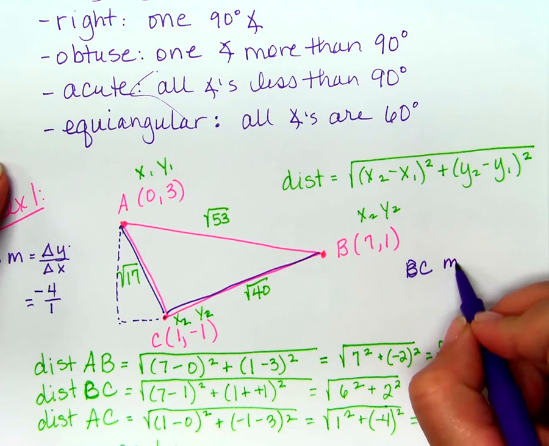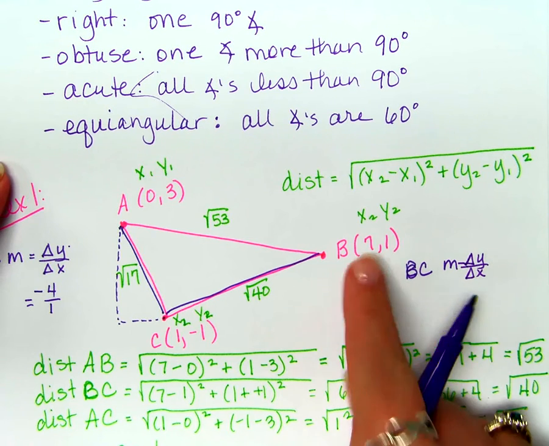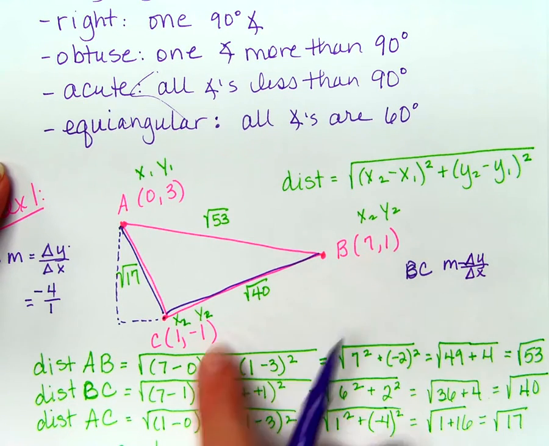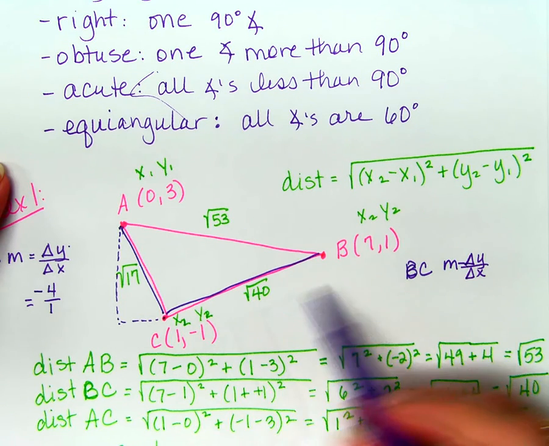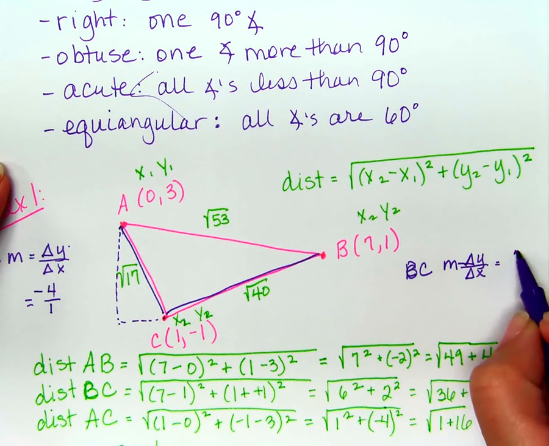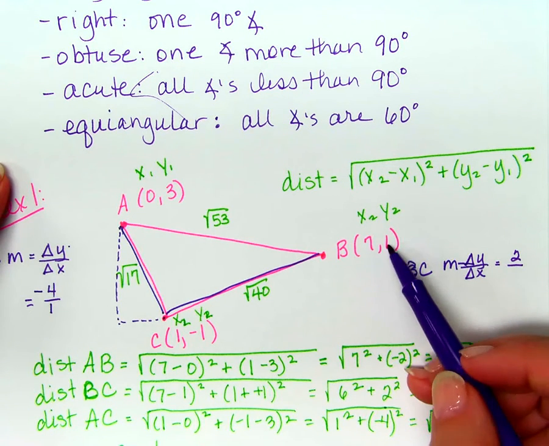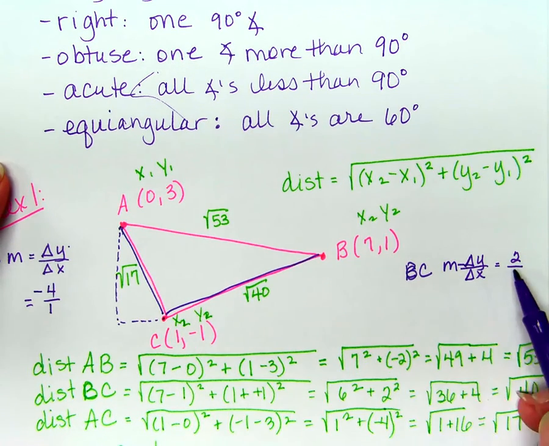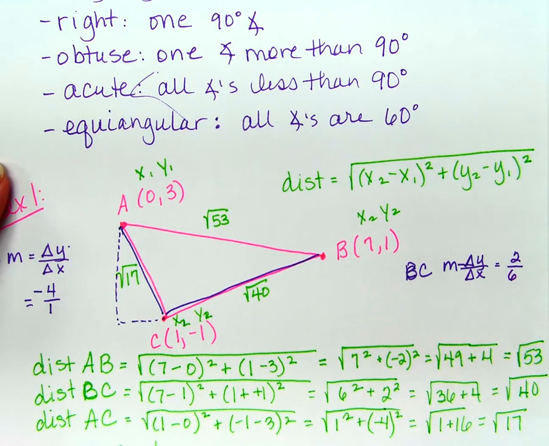So we know that slope is change in y's over change in x's. Our change in y's is what? 1 and -1, so 2. What's our change in our x's? 7 minus 1, 6.